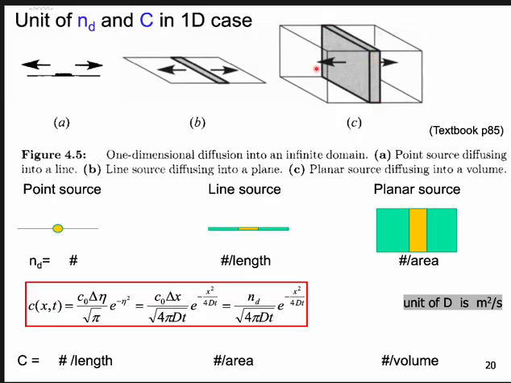For this diffusion source, the unit of nd will be the number of diffusing atoms per area, because it's a planar area. But after you put this nd inside and calculate, the concentration you get will be the number of diffusing atoms per volume.